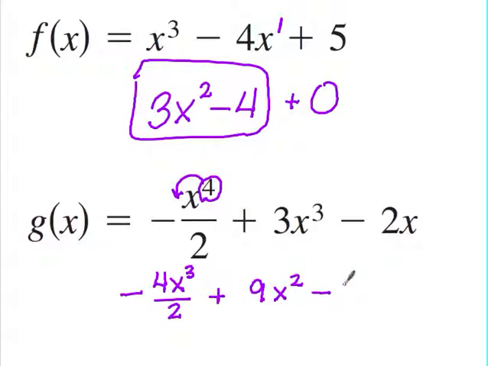Zero. Minus 2. Because it's always 1 less. Remember, your derivative always is 1 power less. So now the only thing I need to do is simplify this to negative 2x cubed plus 9x squared minus 2. So when you have a quantity, that is what you do.